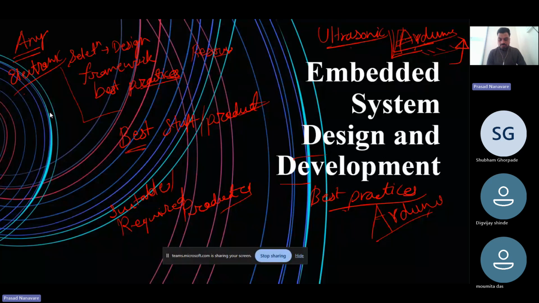So this unit focuses on changing the mindset. Until we see the design best practices and development best practices, we don't know how to go about the design, so it will change that.